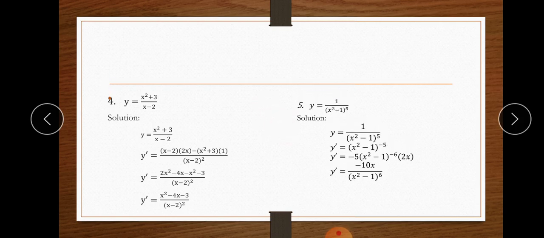Example number 5. Y equals 1 over x squared minus 1, raised to 5.